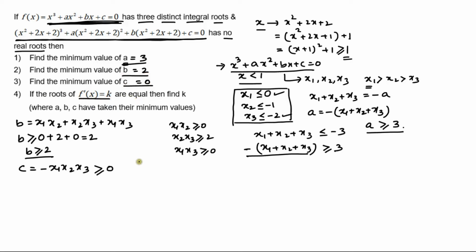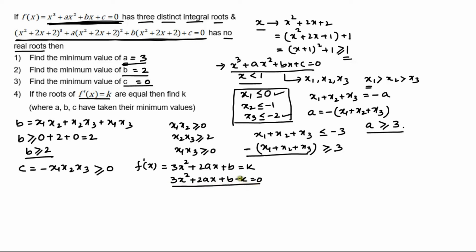Now, the fourth question is, if f prime x equals k has equal roots. Now, what is f prime x? f prime x is basically 3x squared plus 2ax plus b. Now, this is equal to k. It means 3x squared plus 2ax plus b minus k equals 0. This is the equation. For this equation, the roots are equal.